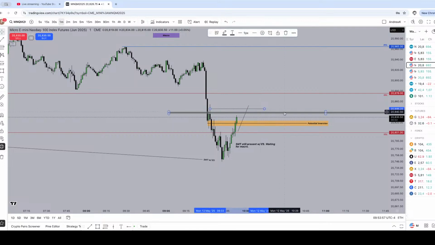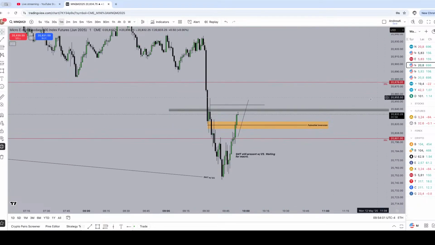It just needs to move down a little bit. Now you're going to study this. See, it already closed above that midpoint and then respects it already. So you want it to get here. See that? There it is.